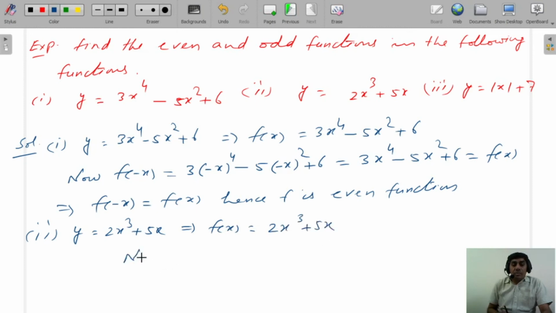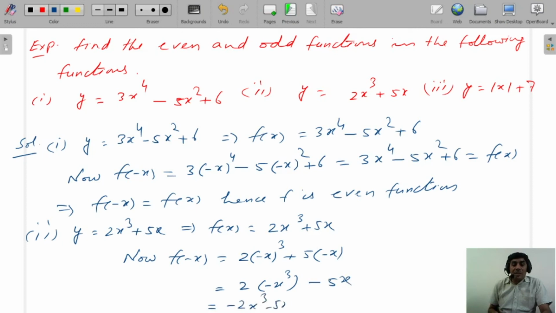Now, f(−x) is equal to 2 into (−x)³ plus 5 into (−x), which is equal to −2x³ − 5x, is equal to −(2x³ + 5x), is equal to −f(x).